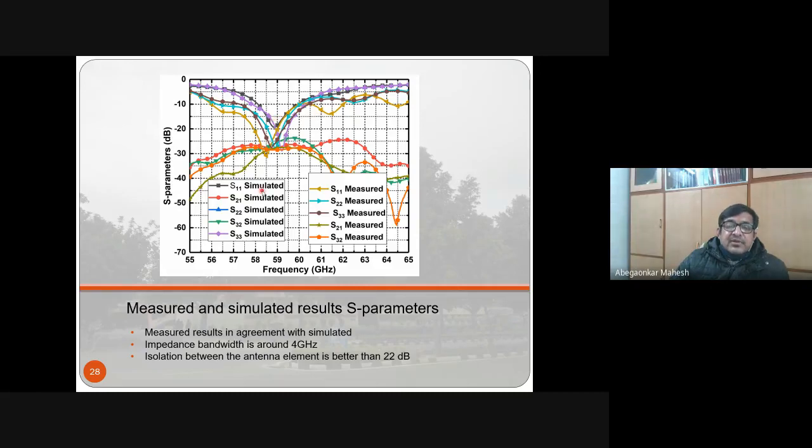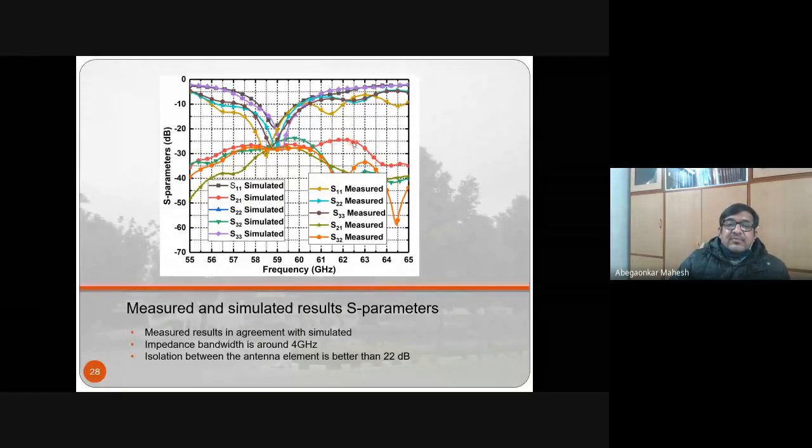The impedance bandwidth that we get is around 4 gigahertz, and there is isolation between the antenna elements, which is better than 22 dB. So these four curves you should see. The isolation is better than 22 dB, which is good, because you don't want the antennas to communicate with each other. It has to communicate with the intended antenna.